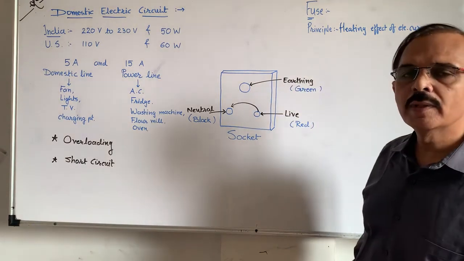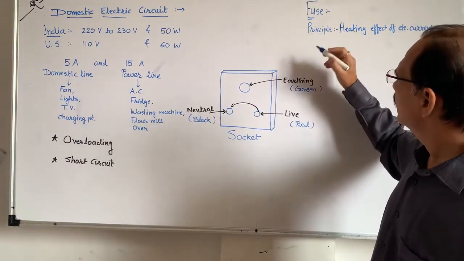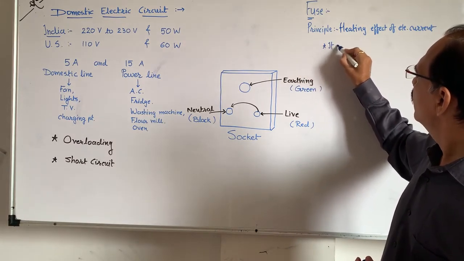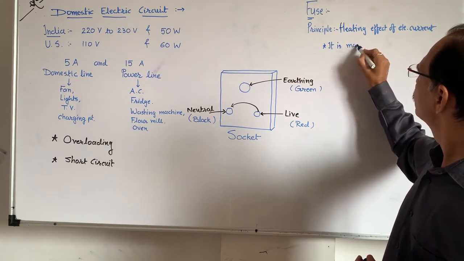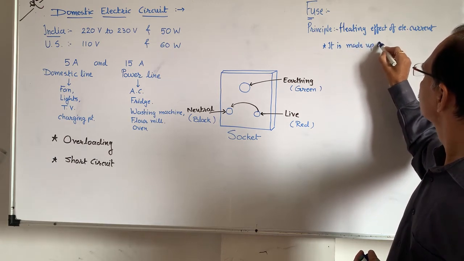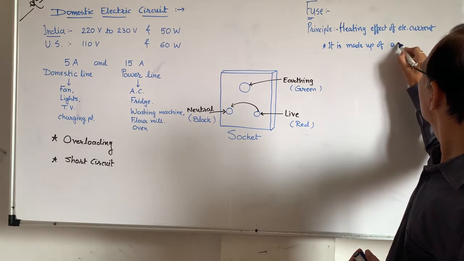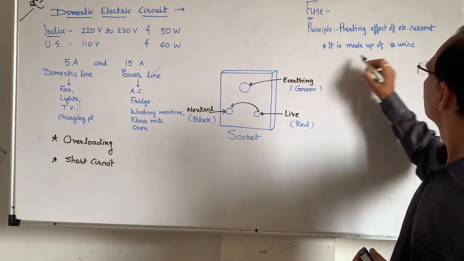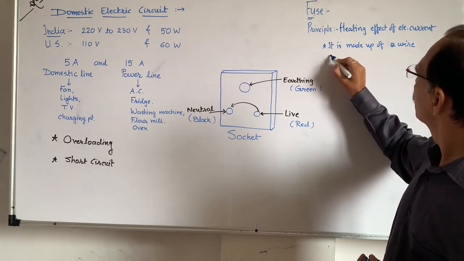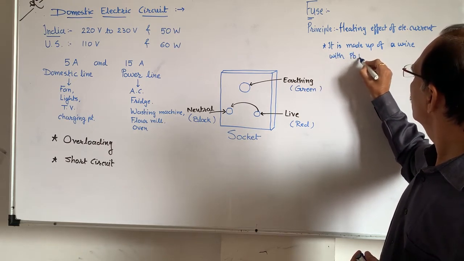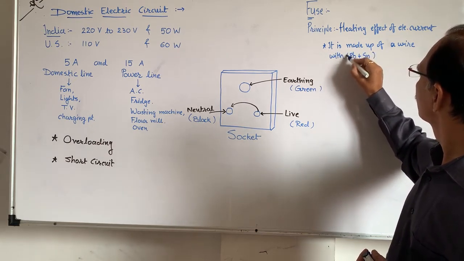Fuse wire is made up of, its construction, we cannot write construction, but the steps are, it is made up of wire with lead plus tin alloy.